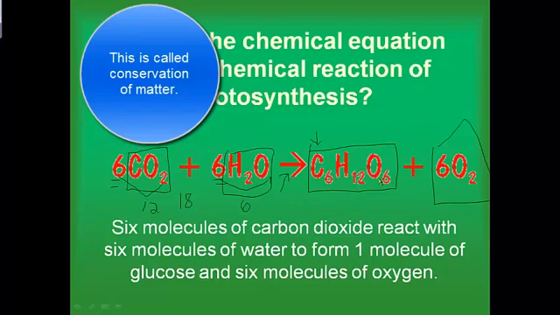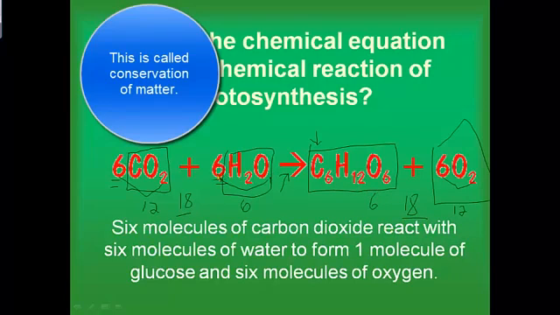If you look over here when the chemical reaction is over, here there's 6 oxygen atoms. And here I have 6 times 2 is 12 oxygen atoms for a total, again, of 18 oxygen atoms. So notice 18 went in, 18 come out.